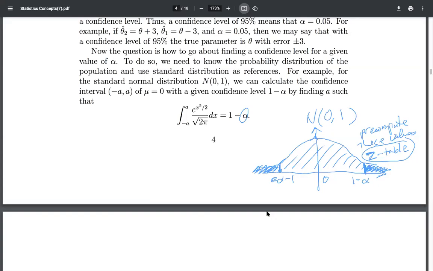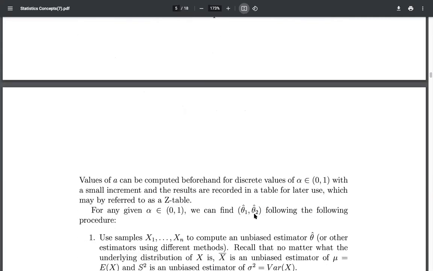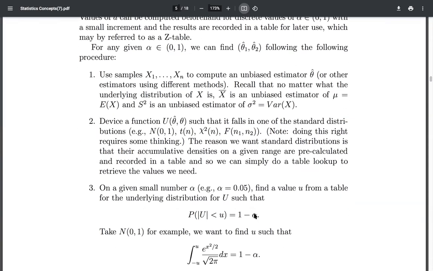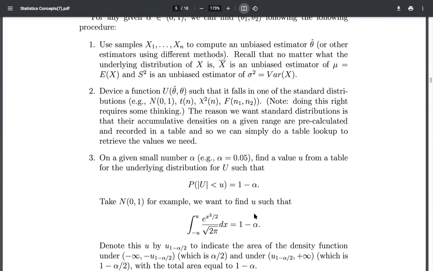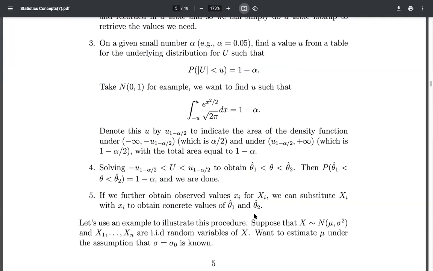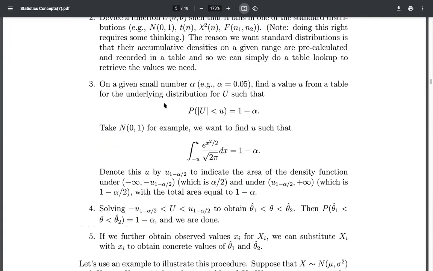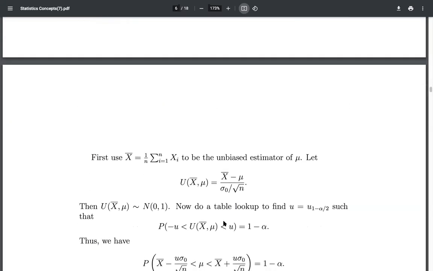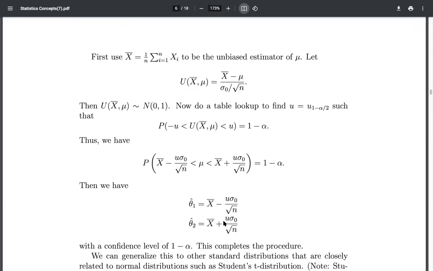Okay, so now let's look at how we're going to do this. Now this is the general algorithm, but let me just use an example to indicate this. That would be easier to understand.